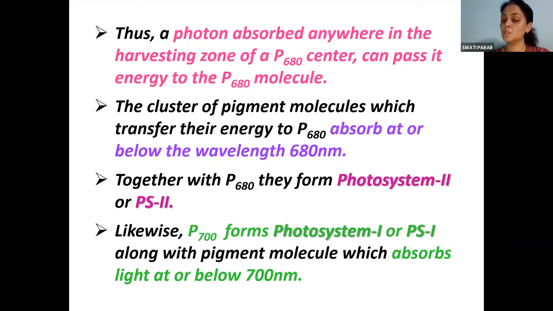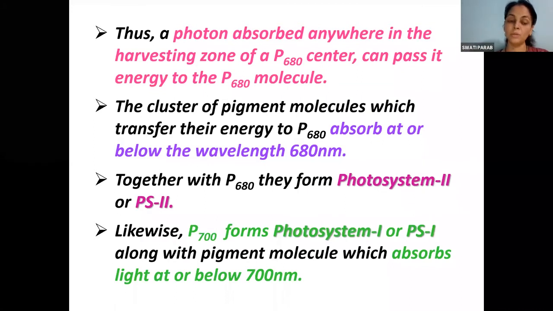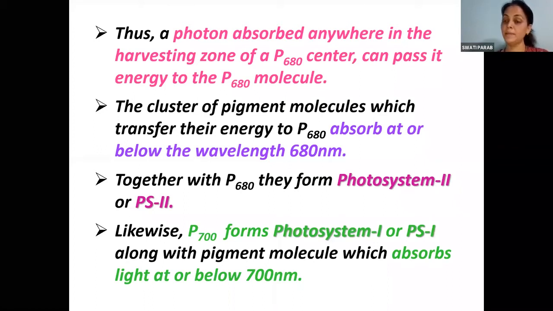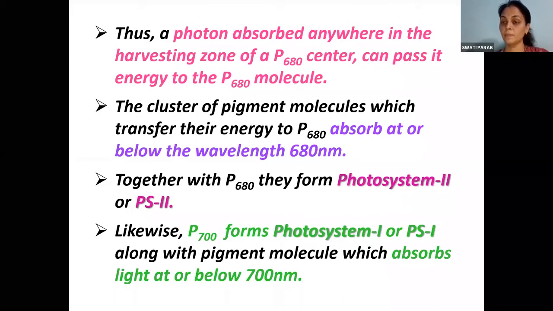PS2 shows the presence of chlorophyll B, whereas PS1 has only chlorophyll A. In PS1 chlorophyll B is absent and in PS2 chlorophyll B is present. So write that down as the second point: in PS1, chlorophyll B is absent, and in PS2, chlorophyll B is present.